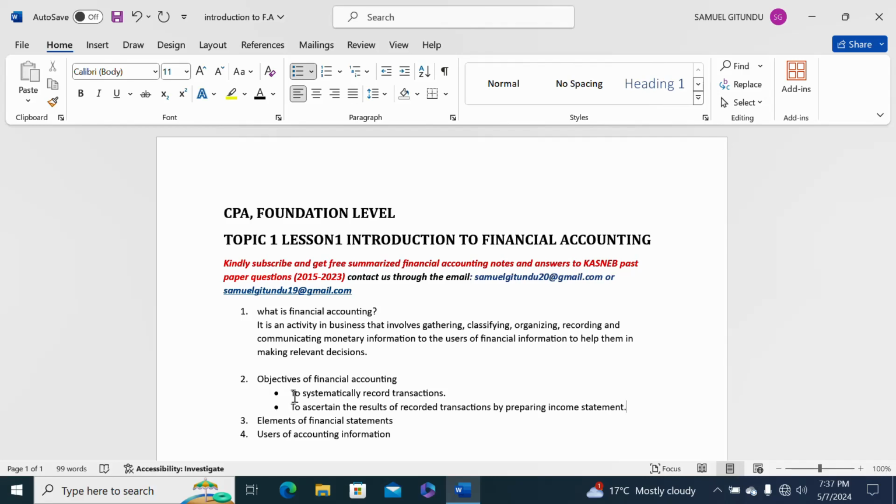After you have recorded transactions, you want to ascertain the result by preparing an income statement.